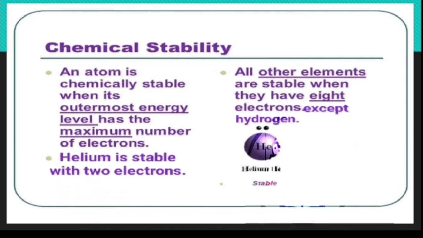For example, here in the helium structure you can see it has only the K shell, and as the K shell can accommodate a maximum of 2 electrons, and helium has that, hence it is a stable atom. All other elements are stable when they have 8 electrons. Exceptional is hydrogen.